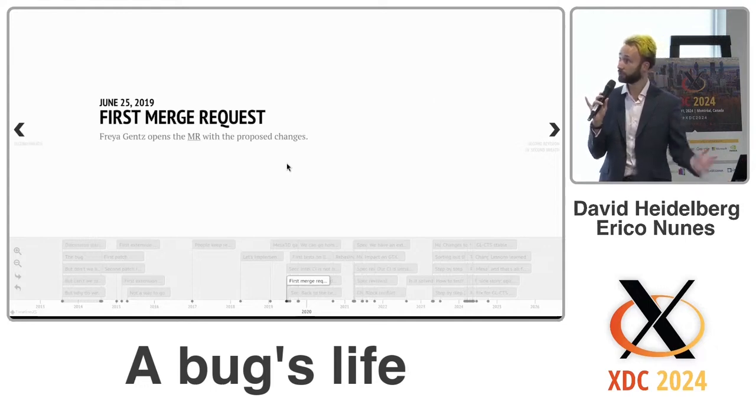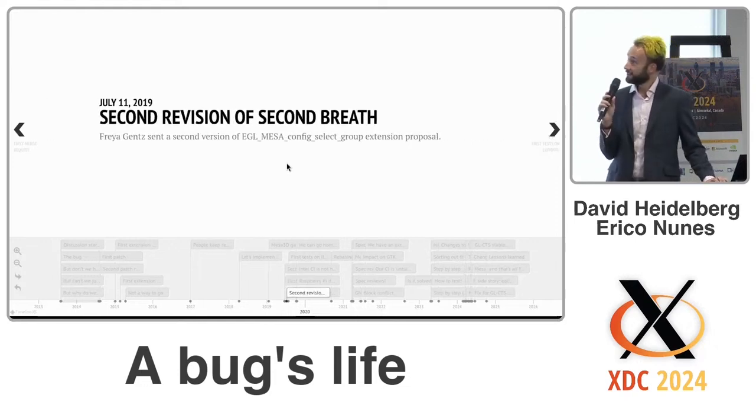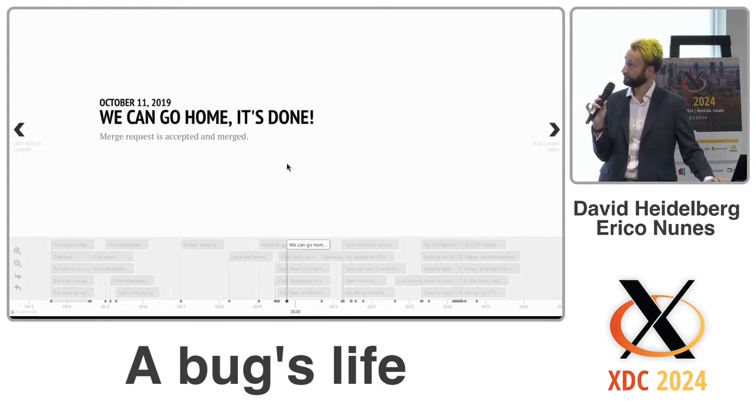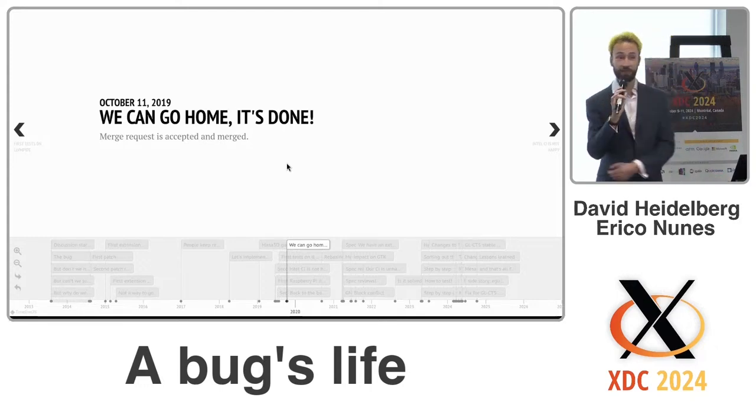So it looks good, right? We have the first merge request. It works. There are some review nitpicks. CI gets LLVMpipe testing, so at least now something is tested. But as you see, it's not EGL testing, it's just GLX. And the merge request is done in 2019, so everything is merged.